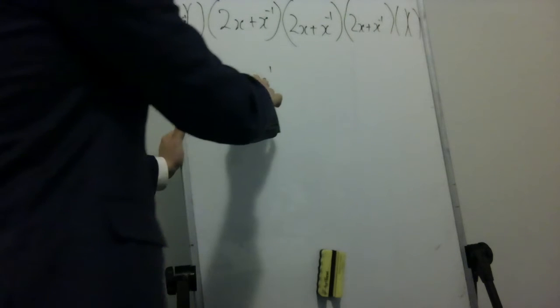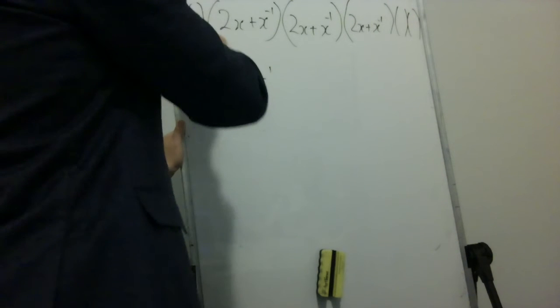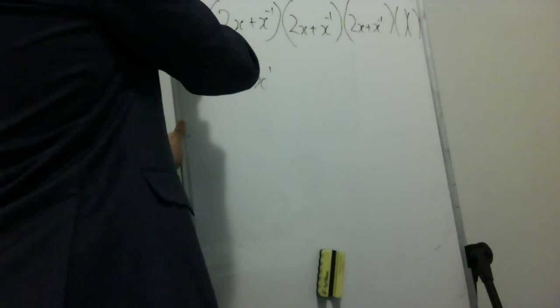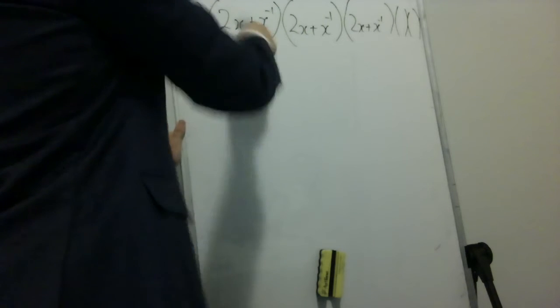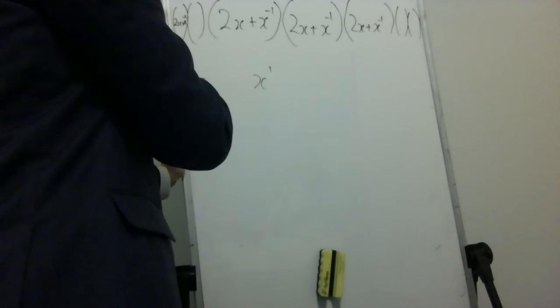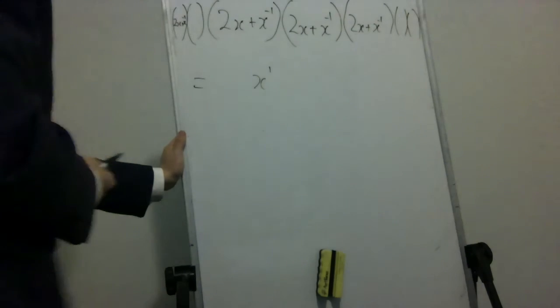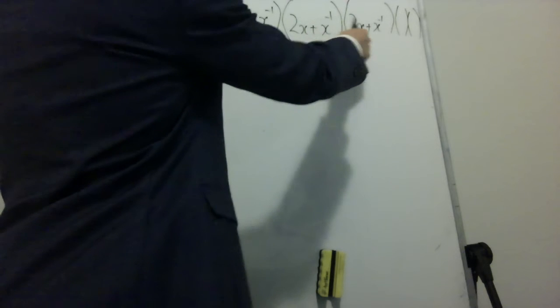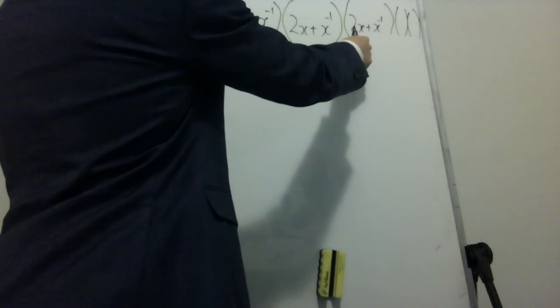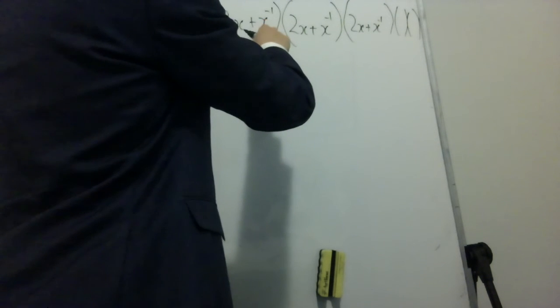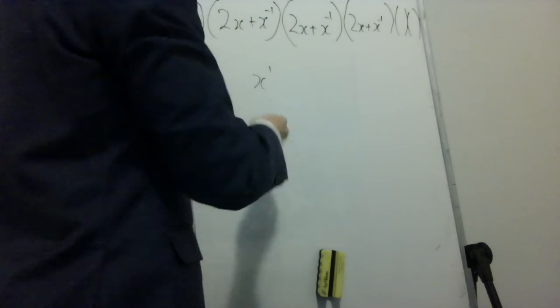To get x to the 1, once you've got enough x's, you have to come back down to get rid of the x's. So we need basically exactly 4 x's, right? And 3 x inverses. That makes sense?